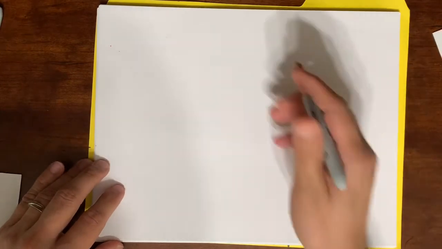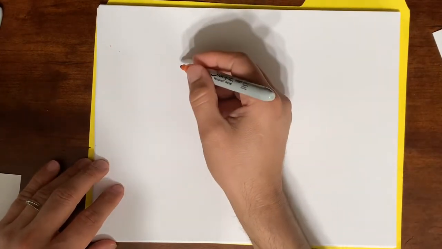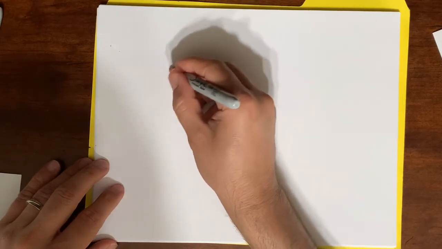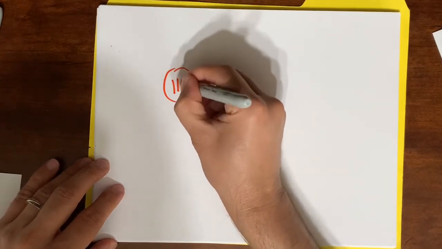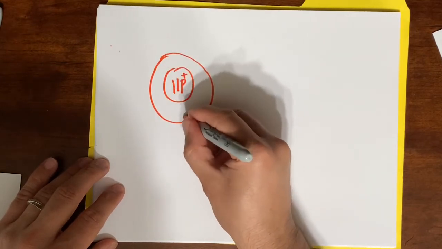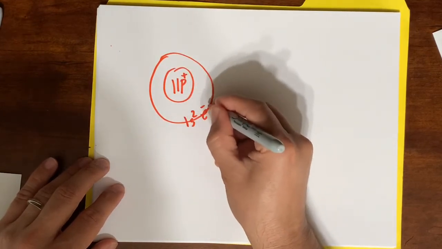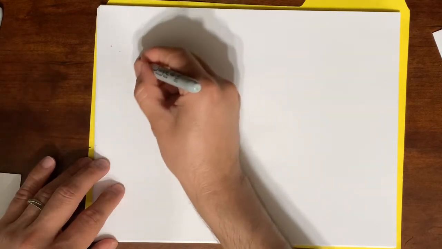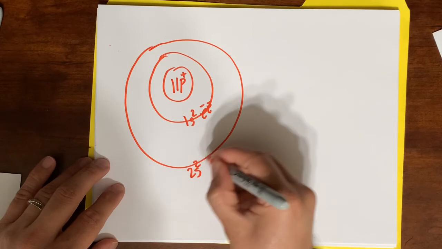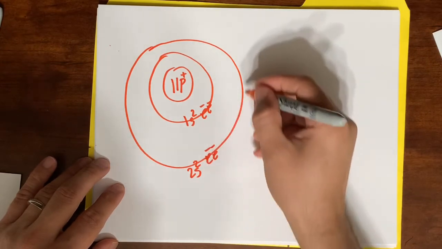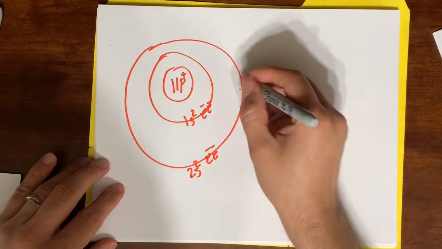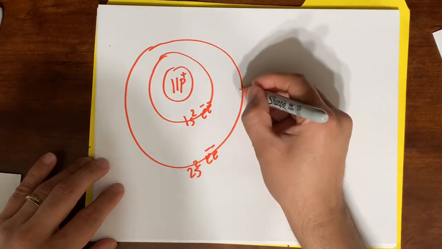Cation, let's say we're talking about sodium. 11 protons. 1s, 2 electrons. 2s, 2 electrons. Then we will have 2p6.